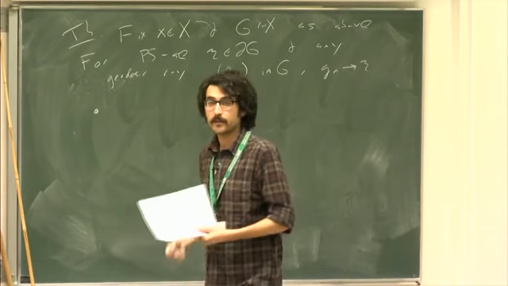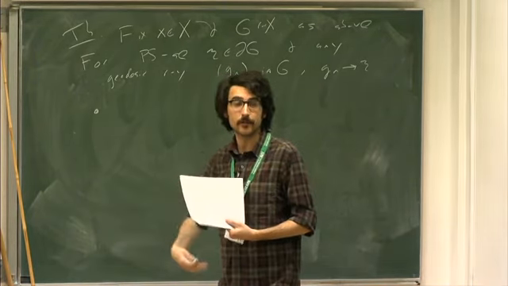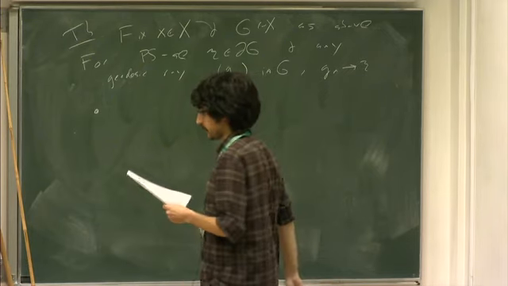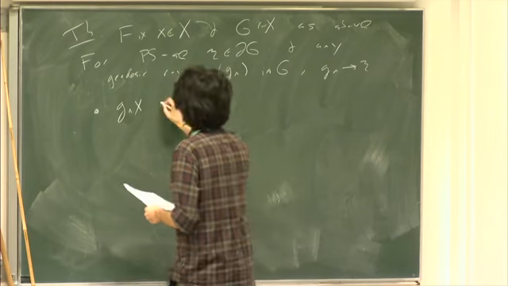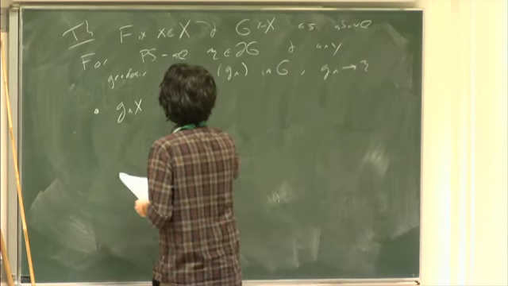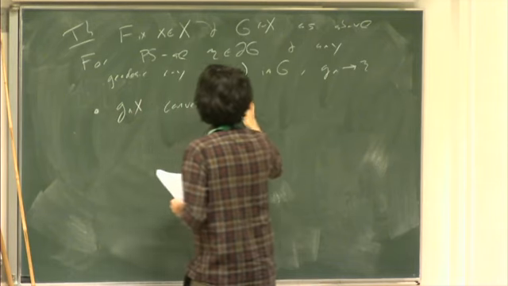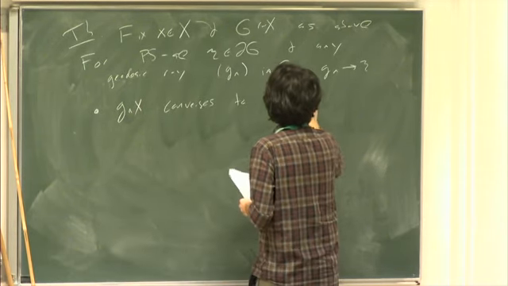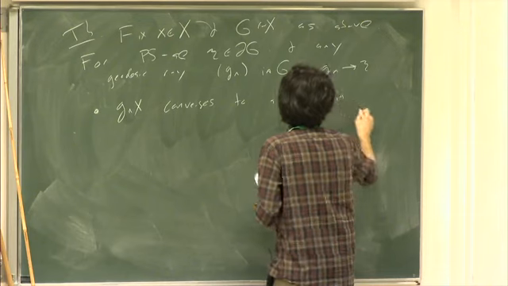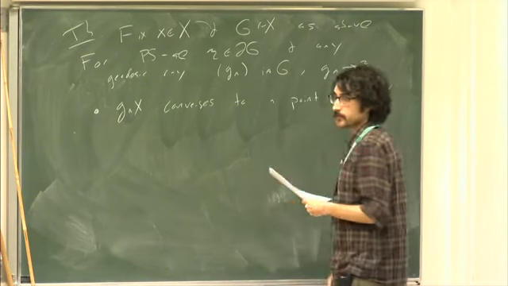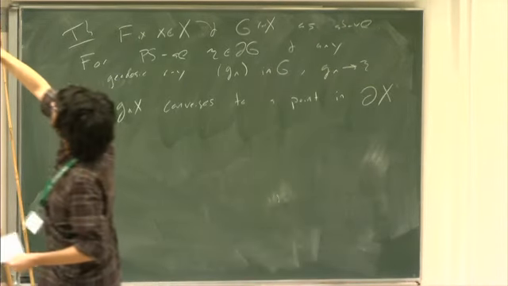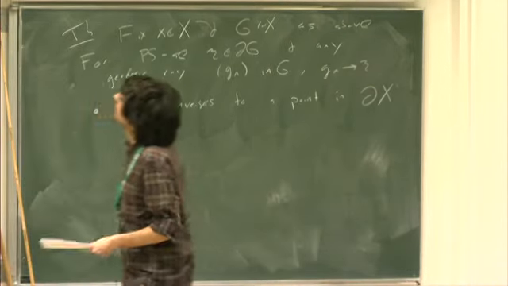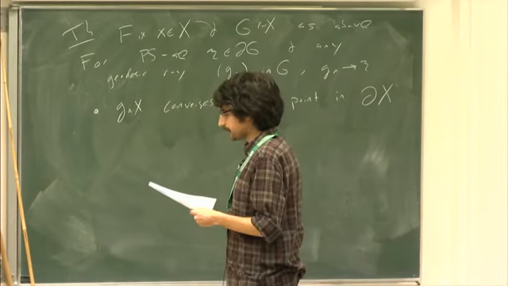First, the typical geodesic ray converges to the boundary of X. If we look at the image of this ray, Gn times X, in the space X, this sequence converges to a point in the Gromov boundary of X. So we're typically in this first case that I mentioned, that you converge to a point in the boundary of X.